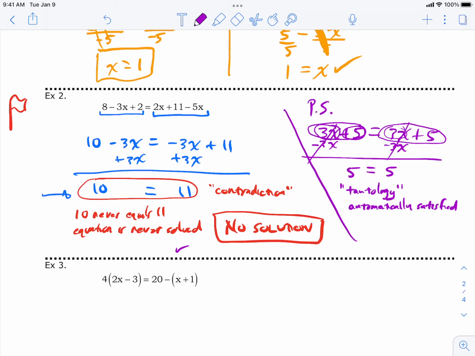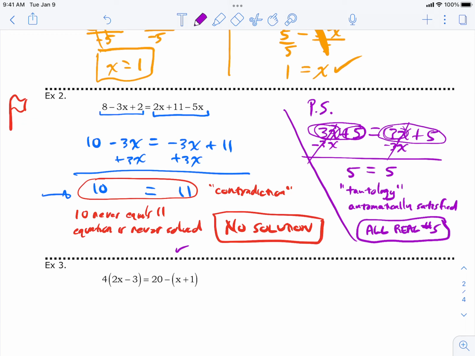If I plugged in x equals 2, 3 times 2, I'd have a 6 plus a 5 is an 11. It's going to be the same no matter what. Automatically satisfied. What we say is all real numbers are solutions. X can be anything. Any real number will make the equation work.